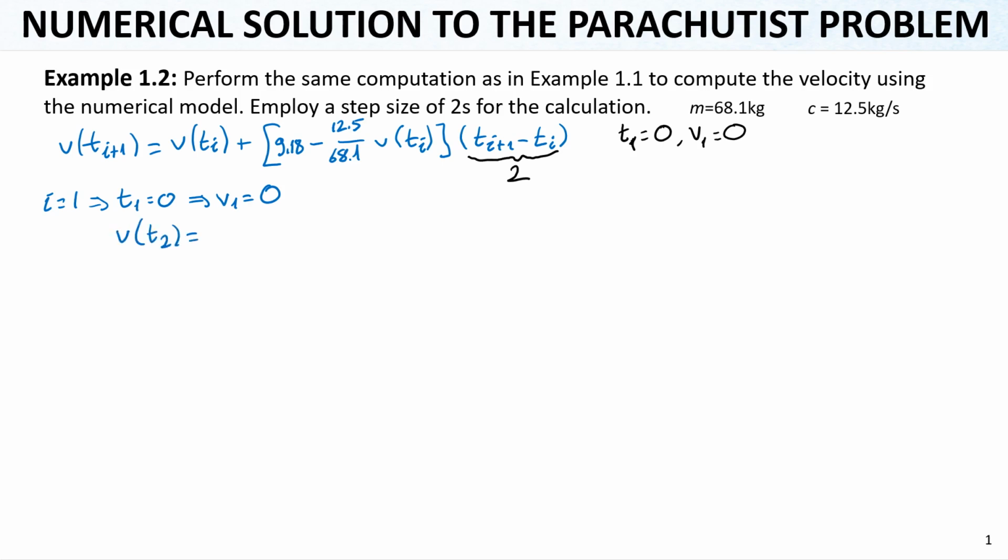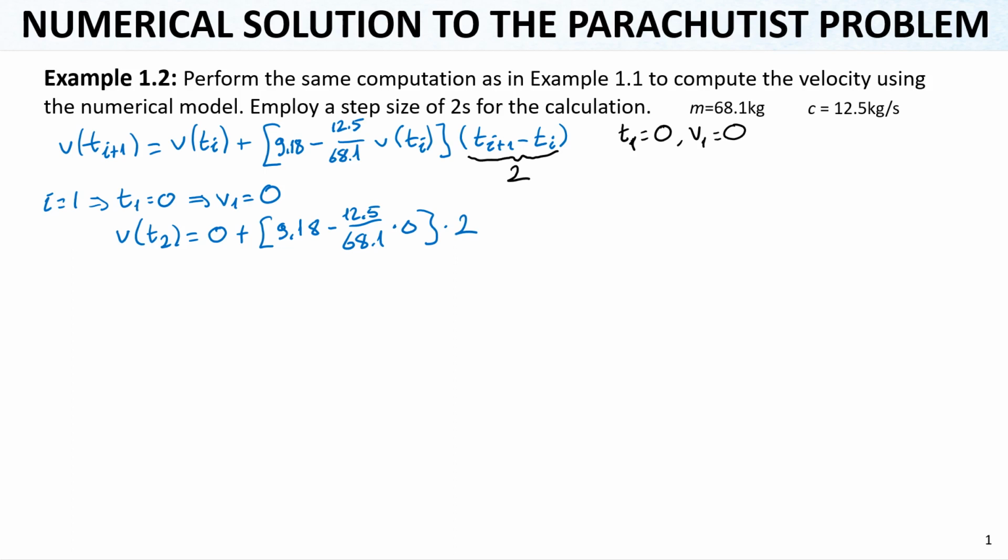t2 equals, I'm going to use this equation now. Here v(t_i) is v1, so 0 plus 9.18 minus 12.5 divided by 68.1 times v(t1), which is again 0, times 2.